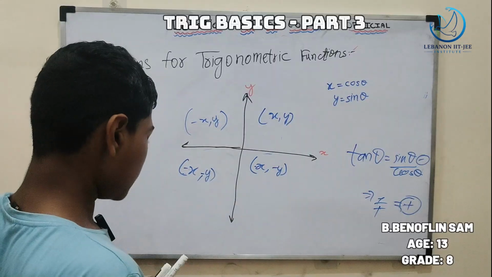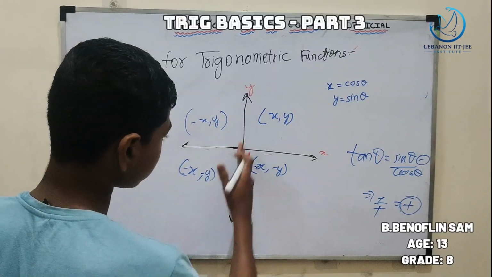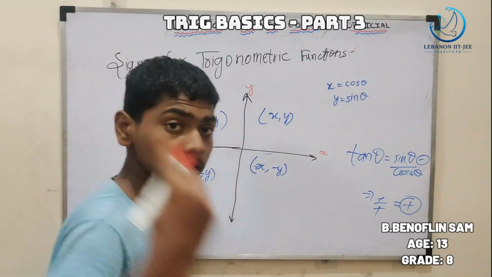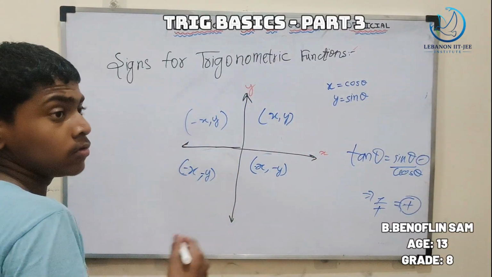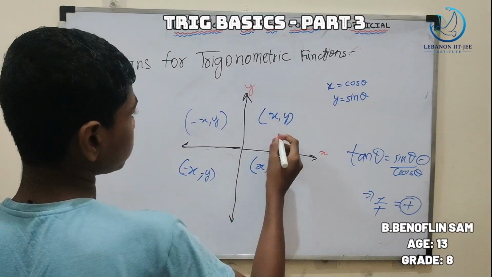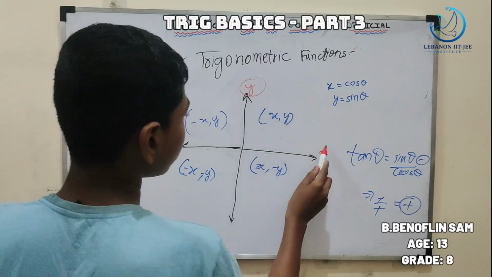In the fourth, y is negative and x is positive. So x and y become like this.